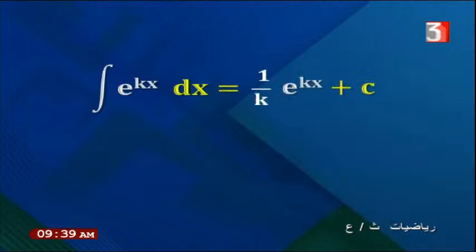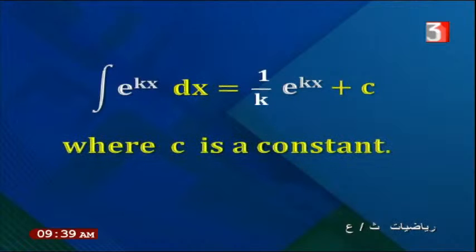And integration of e^(kx) dx equals 1 over k, where k is the coefficient of the power kx, times e^(kx) plus c, where c is a constant. Note, x here is first degree, but k is the coefficient of x.